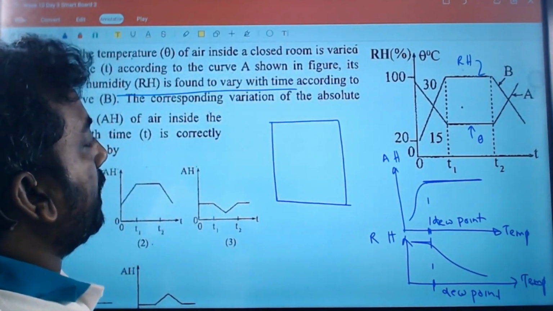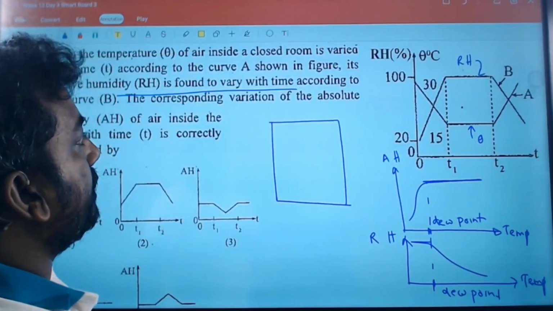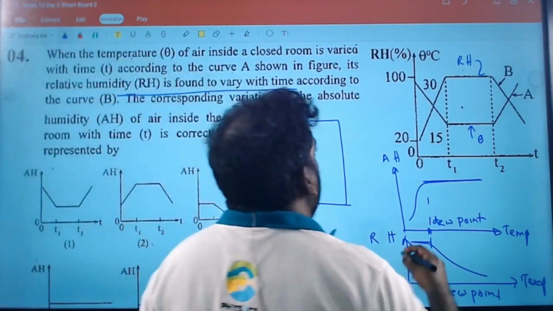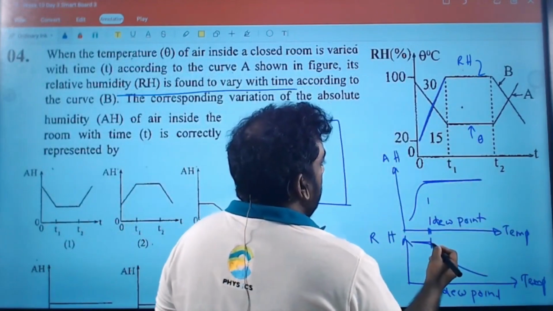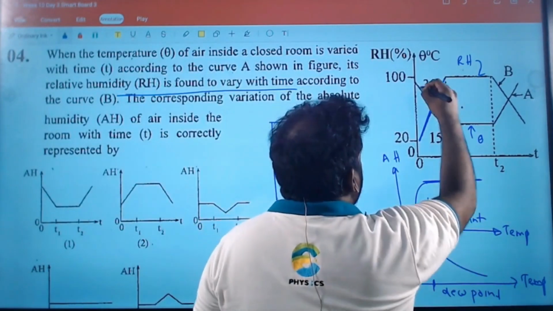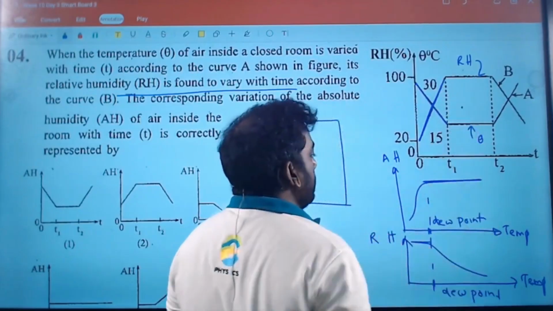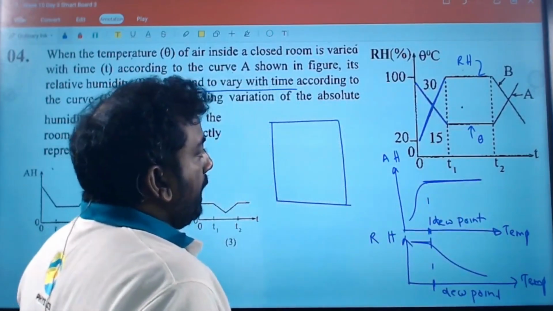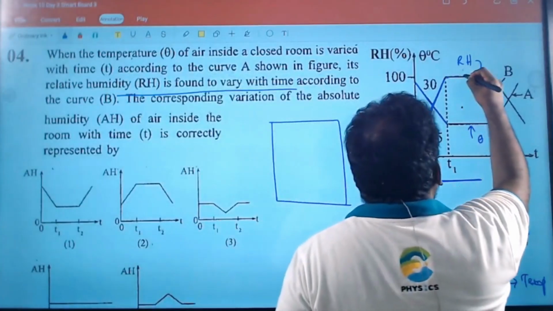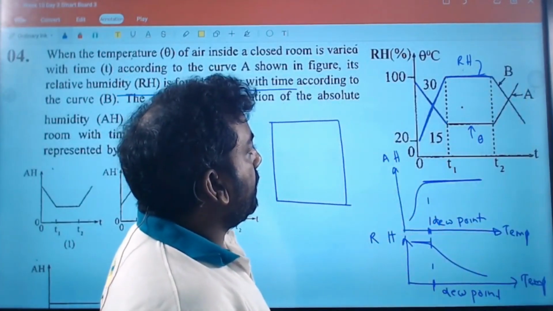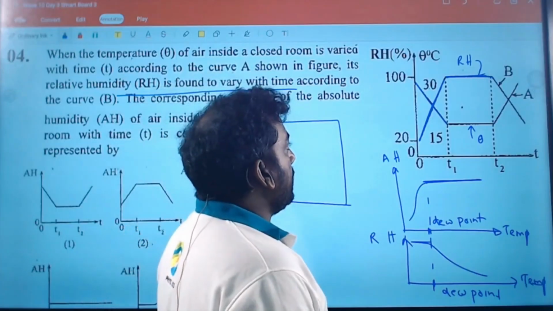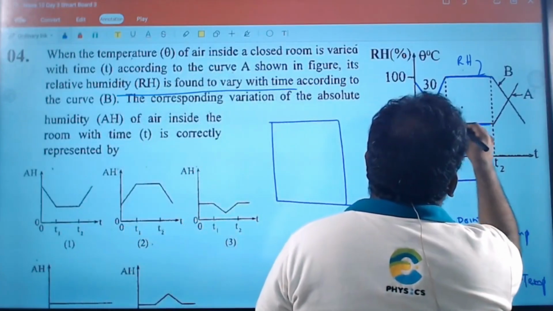Look at this carefully. Here RH is increasing, which means temperature is reducing. Here RH is constant, and temperature is also constant.